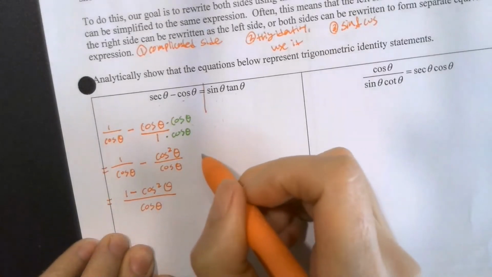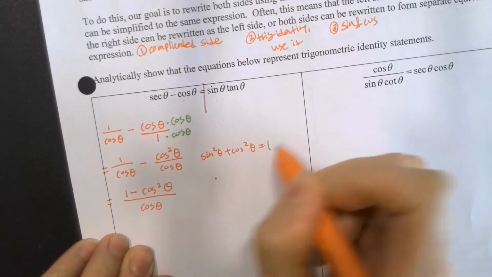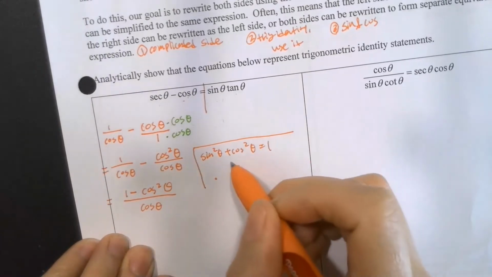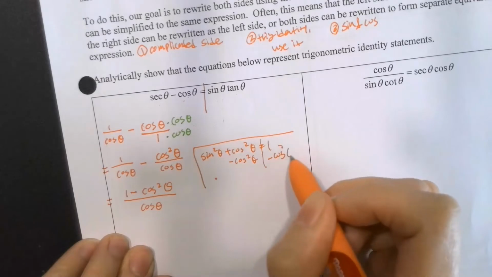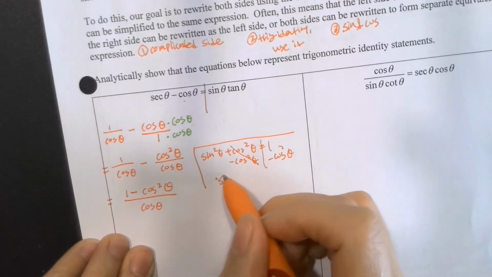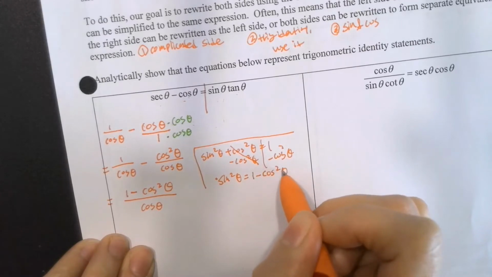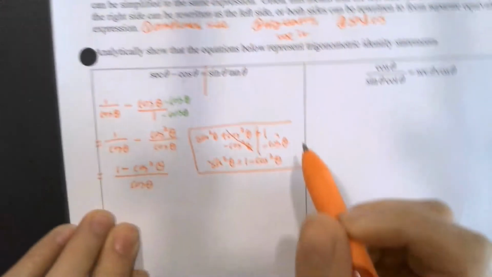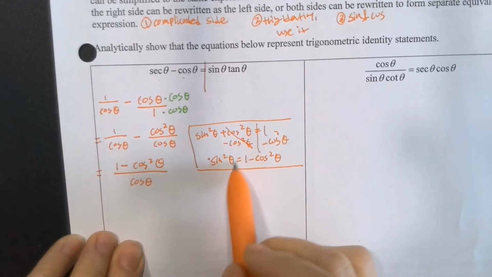So let me write it here. We have sine squared theta plus cosine squared theta is equal to 1. I'm going to subtract cosine squared theta from both sides and see what happens. I get sine squared theta is equal to 1 minus cosine squared theta. So instead of 1 minus cosine squared theta, I'm going to use sine squared theta.